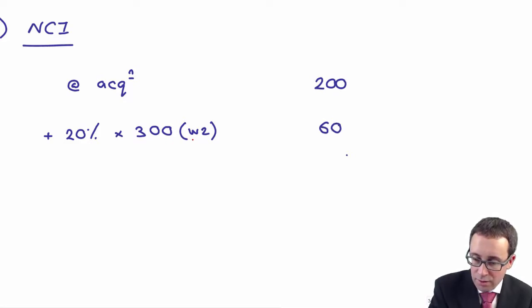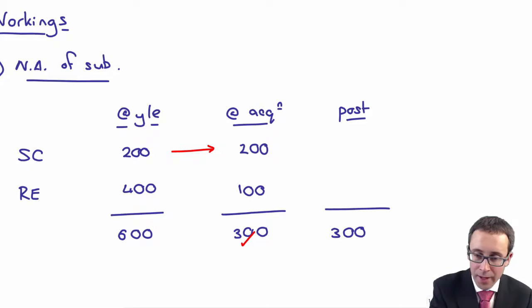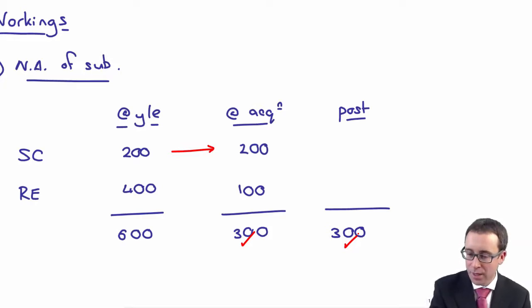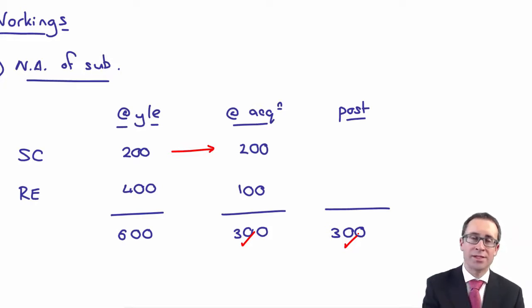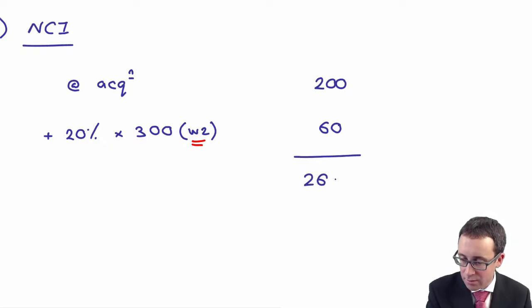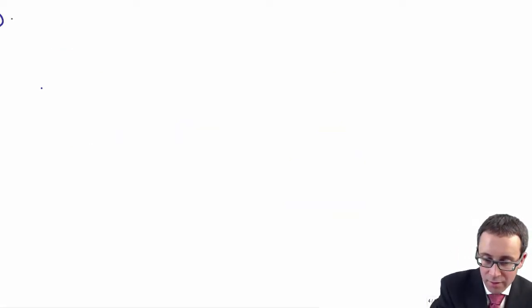The post-acquisition profits are again from working 2. Again, if you're unsure where that comes from, voila. Okay, you can see it there, in that we have that 300 post-acquisition profits. Okay, purely coincidental that the post-acquisition movement is the same as the net asset to acquisition. Totaling that up, does that go through there and give me, is it 260?